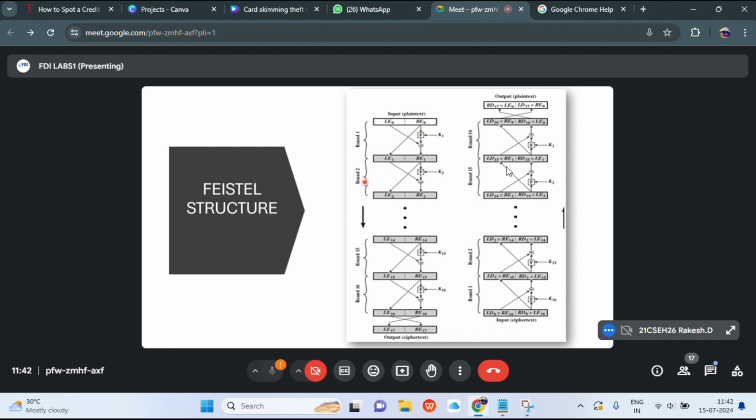So again, the right side 32 bits enter this function, which works through key K1, its output is XORed with the left side 32 bits, and this goes to the right side of the second round, while the right side of round 1 goes to the left side.